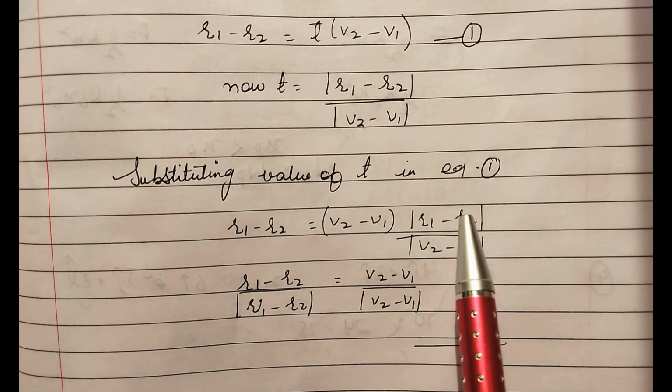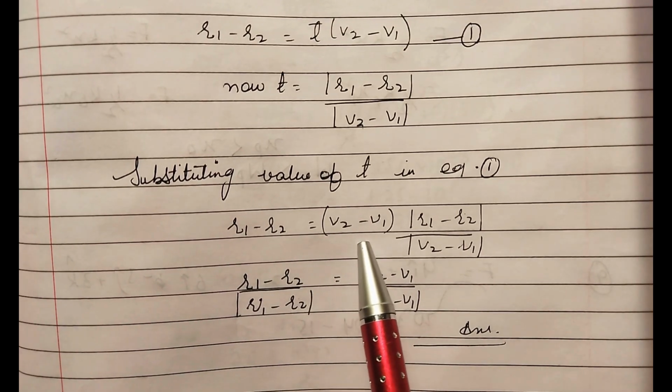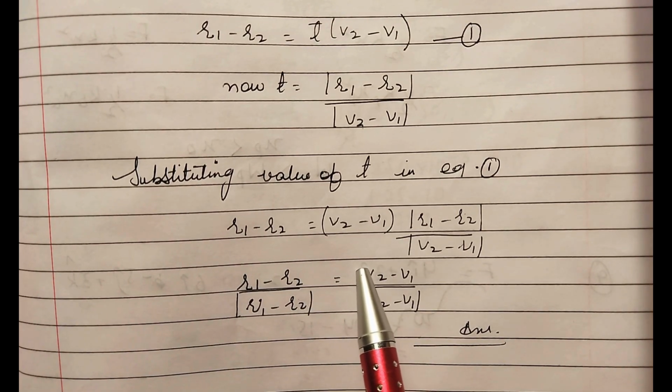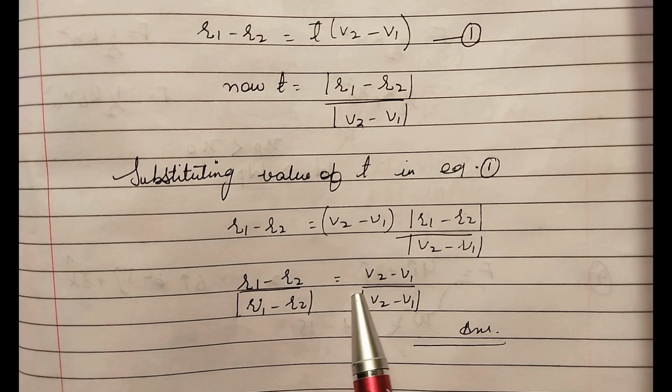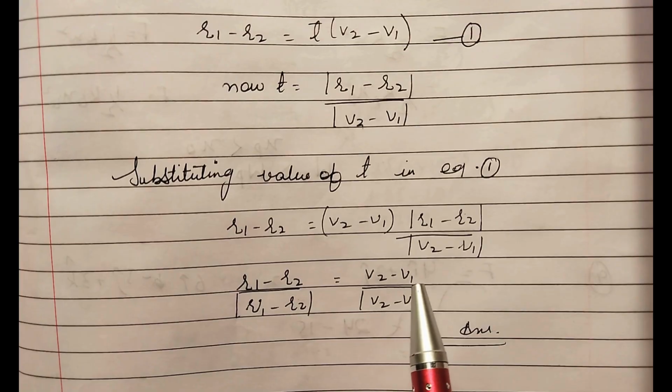Now if we bring the position vectors to one side and the velocity vectors to the other side of the equation, we get that r1 minus r2 divided by modulus of r1 minus r2 equals v2 minus v1 divided by the modulus of v2 minus v1. So these are the conditions that are necessary for the two particles A and B to collide.